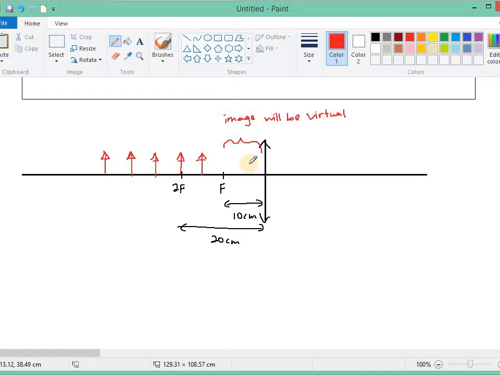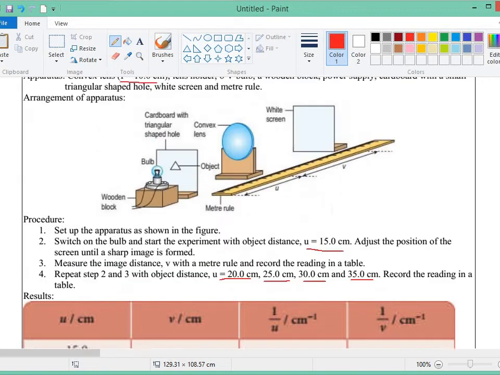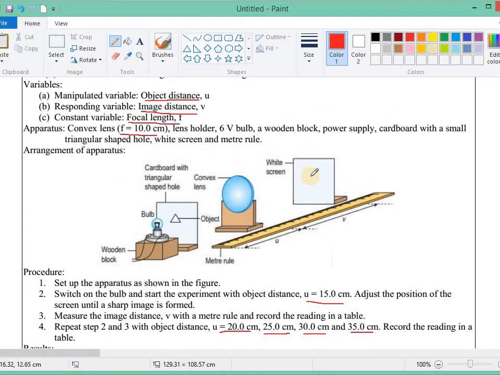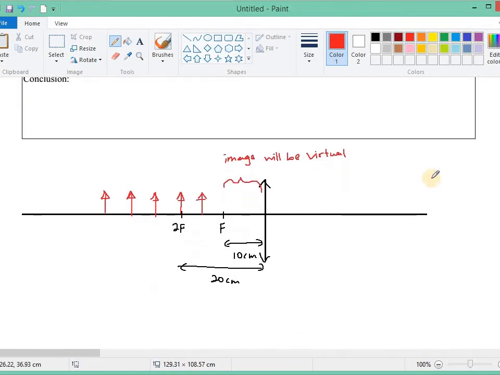If the image is virtual, that means the image cannot form on a screen. You will not be able to see the image on the screen, so you cannot record the image distance. That is why in this experiment the object distance is after the focal point.